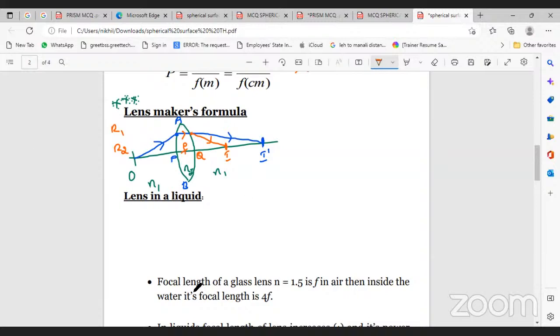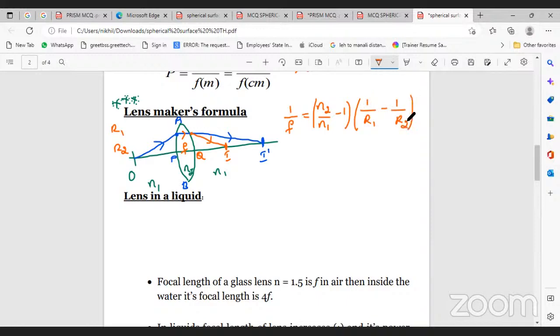On taking the equations and simplifying, you are going to get a final formula like this: 1 by focal length is equal to (N2 by N1 minus 1) into (1 by R1 minus 1 by R2).